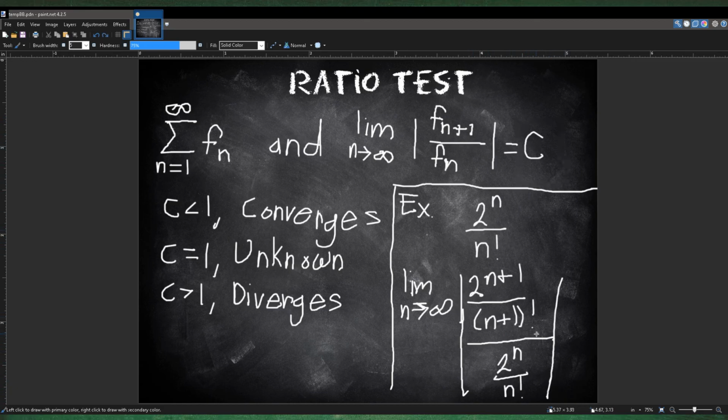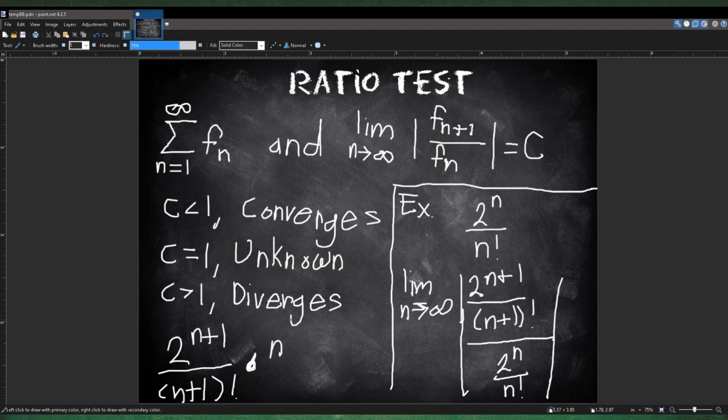So let's simplify this first. Let's rewrite this. This is equal to 2 to the n plus 1 on the top divided by n plus 1 factorial on the bottom, times, right? Dividing by a number is the same as multiplying by its reciprocal.